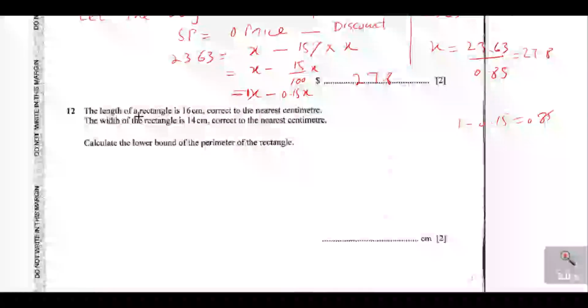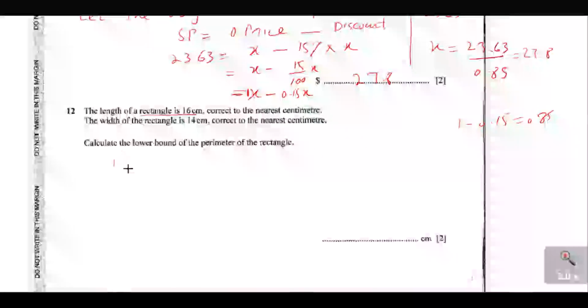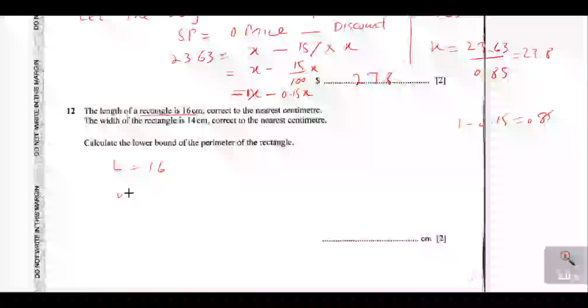Question number 12. The length of a rectangle is 16 centimeters and the width of the rectangle is 14 centimeters, and these values are correct to the nearest centimeter. Therefore, the accuracy here is 1 centimeter, and the error of this value will be half of this value.